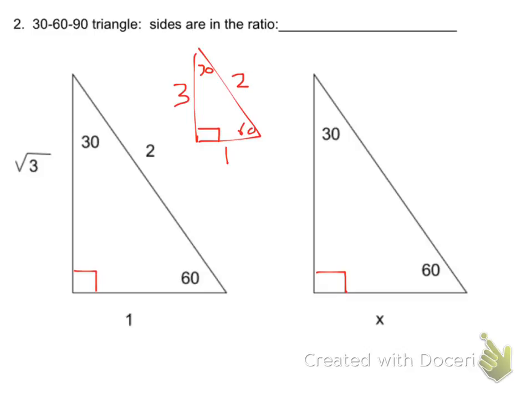And then I always say the largest number takes the square root. So therefore, I can just do 1, 2, square root of 3. That gives me the same triangle as the left.